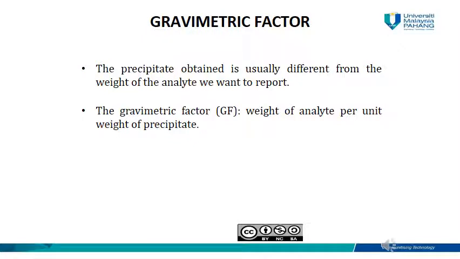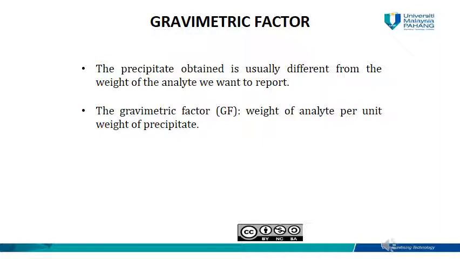So when we talk about the gravimetric factor, this is a very important part that you need to know exists. When we have different kinds of precipitate, and we want to compare the precipitate with a different compound, we need this gravimetric factor.